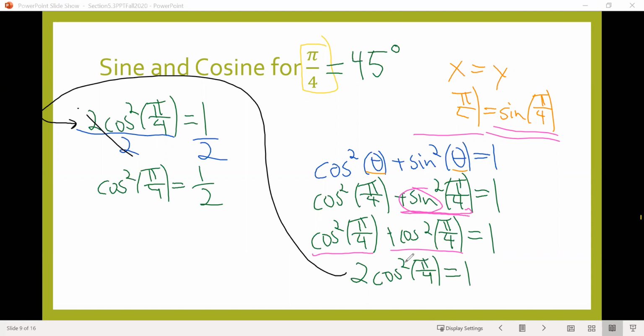To solve for cosine, we need to undo the squared, which means we can take the square root on both sides. Remember, when we take a square root, we have 2 answers, a plus or minus. The squared and the square root cancel out on the left-hand side, so we have cosine of pi over 4 equals plus or minus square root of 1 over 2.